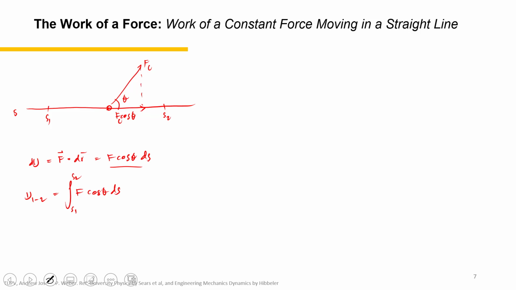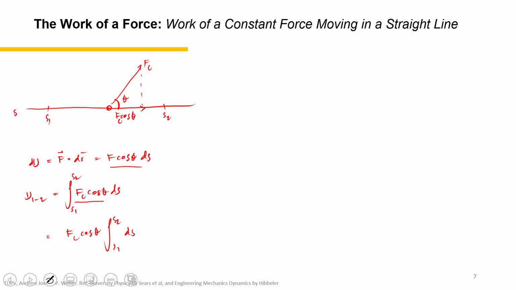And since our F is F sub C, and Fc is constant and the assumed orientation of Fc is the same, then Fc cosine theta is also constant, and we can move it outside the integral such that the equation becomes Fc cosine theta times the integral of ds from S1 to S2.